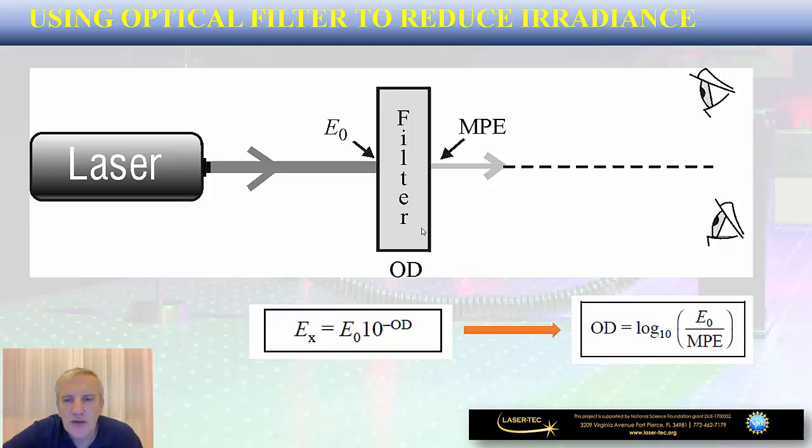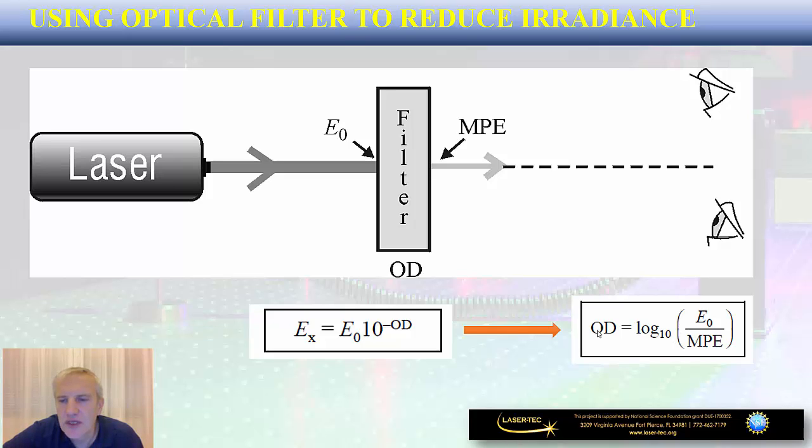The way you're going to do this calculation is shown down below. Instead of E sub x, which is the output power, you're going to substitute the maximum permissible exposure for this specific type of laser. And if you do a few derivations, you're going to come up with a value for the optical density, or OD, as a function of the incident irradiance level from the laser and also the specific MPE number for that type of laser.